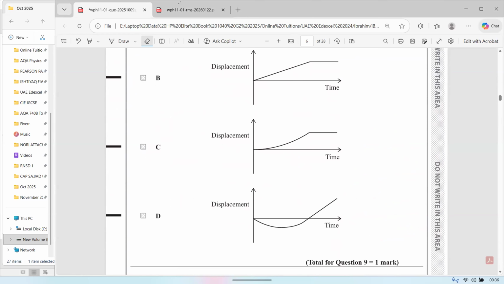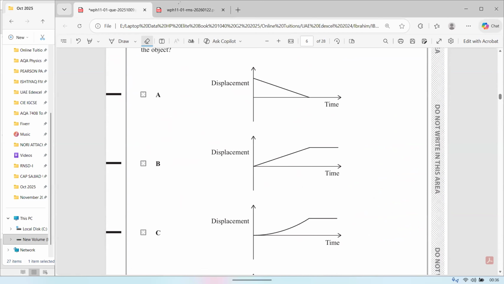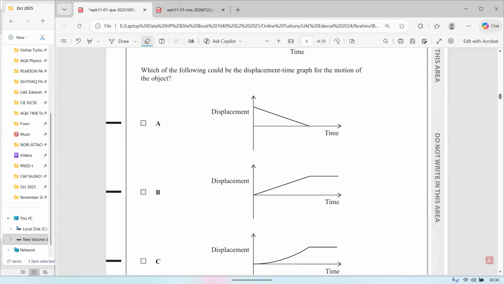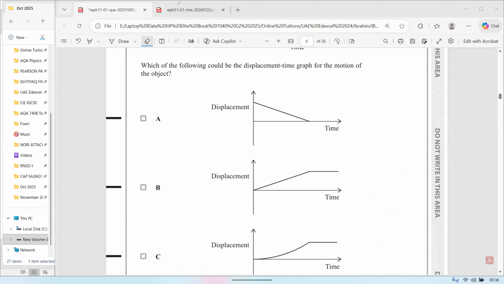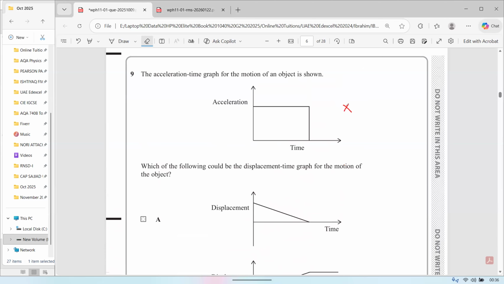In the first graph, the displacement is decreasing. So when the displacement is decreasing, your velocity is decreasing, which is not true because if you see that the acceleration is constant, which means the velocity is rising rather than decreasing.